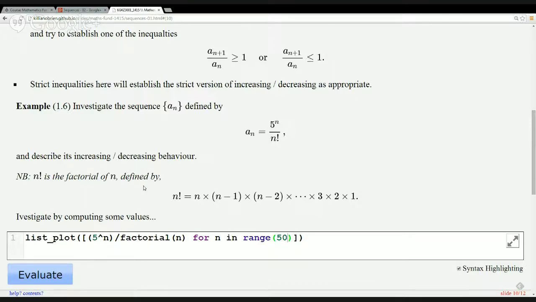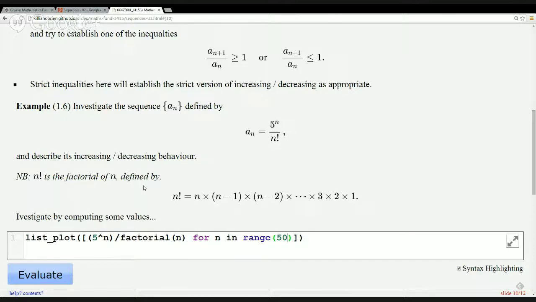5 divided by something else, we want to compare that to 1. Well, we can do that. 5 divided by n plus 1. At the beginning, the bottom is going to be smaller than the top. So this is going to be strictly bigger than 1 whenever this n plus 1 is strictly smaller than 5.